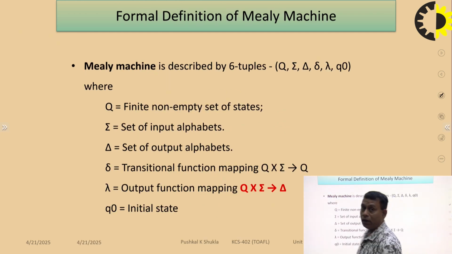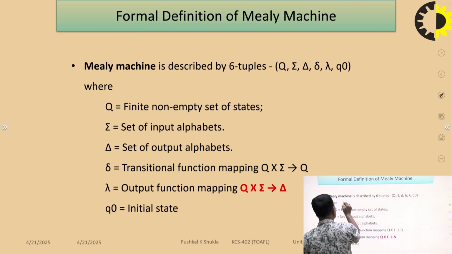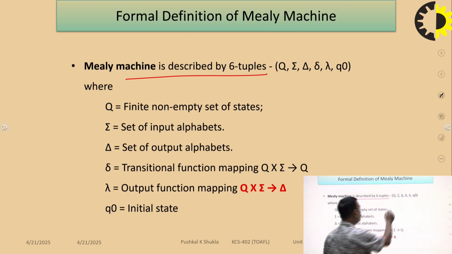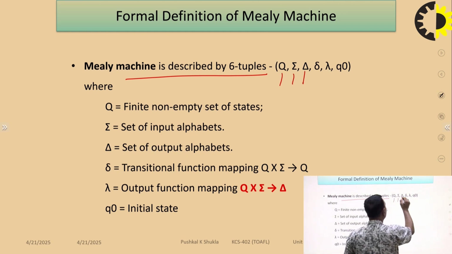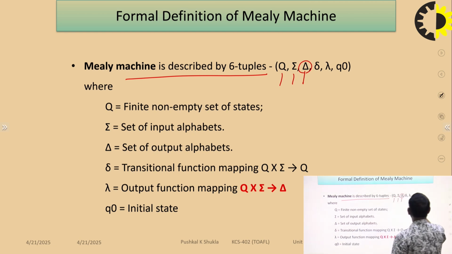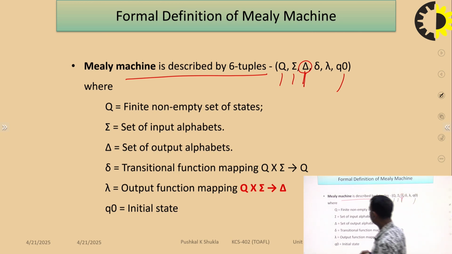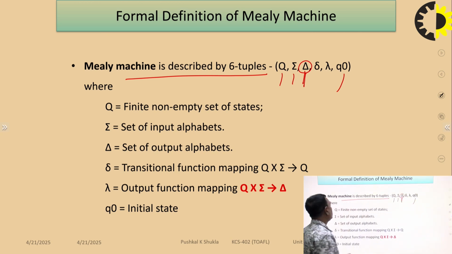Mathematically, a Mealy machine is described as a 6-tuple: Q, sigma, delta, lambda, Q naught, and the output alphabet delta. Q is a finite non-empty set of states. Sigma is the set of input alphabets.